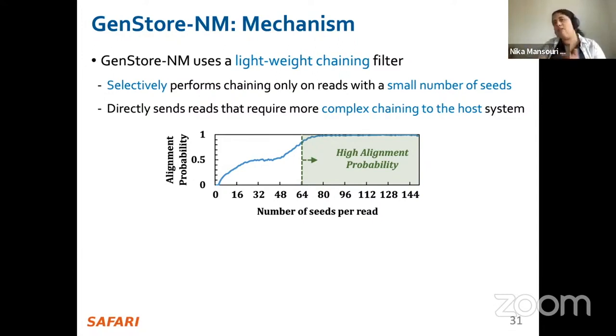After this threshold, it's very likely. Of course, the design can also be set for different thresholds, depending on the organism or how much data you want to filter inside the SSD.